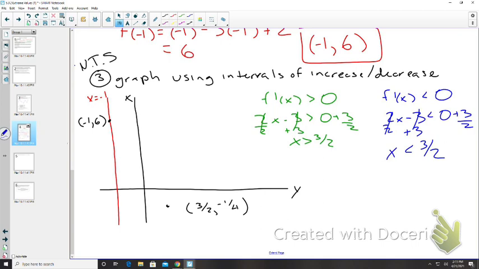There's a little Nike swoosh, right? So we're increasing when x is greater than 3 over 2, and we're decreasing when x is less than 3 over 2. And that should be a little bit better. So it's a happy swoosh. Yeah, a happy swoosh. Okay?